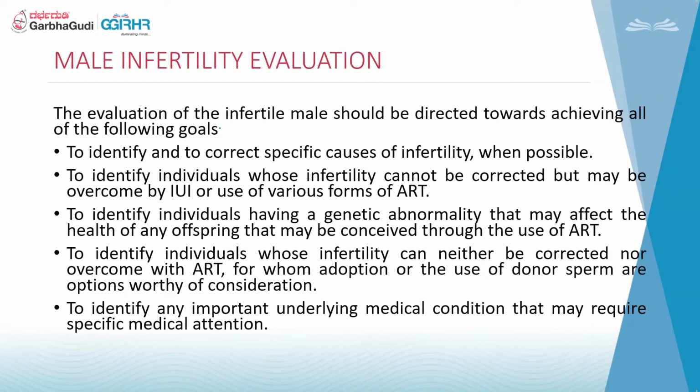The basic reason for studying male infertility is that the evaluation of the infertile male should be directed towards achieving all of the following goals: to identify and correct specific causes of infertility whenever possible, to identify individuals whose infertility cannot be corrected but can be overcome by IUI or other forms of ART, to identify individuals having genetic abnormalities that may affect the health of the offspring conceived during the use of any form of ART, to identify individuals whose infertility can neither be corrected nor be overcome by ART and for whom adoption or donor sperm is the worthy option.